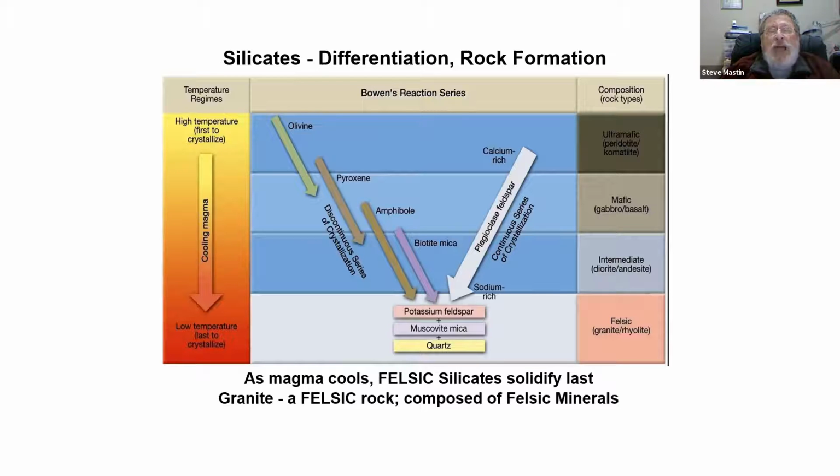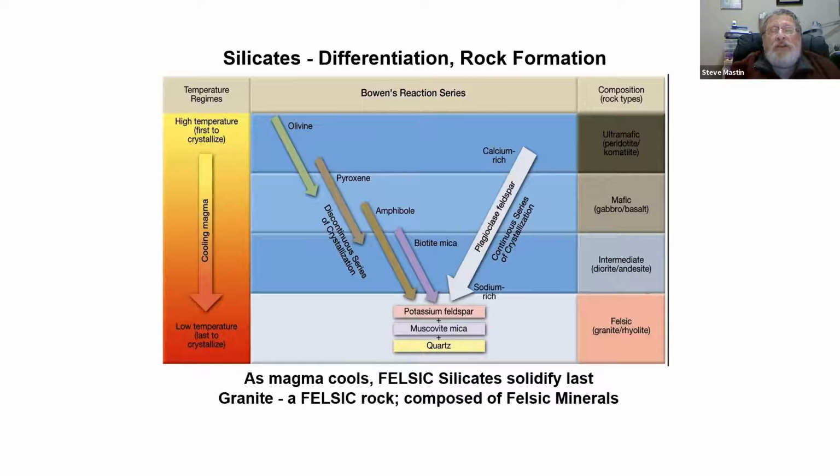And as that magma cools, various kinds of silicates are somewhat transformed and precipitate as the temperature gets lower and lower. And then at the very bottom, you see what are called the felsic silicates, and they solidify last.